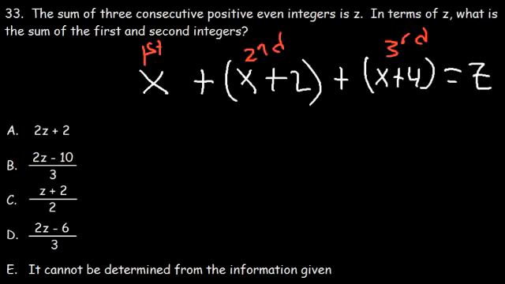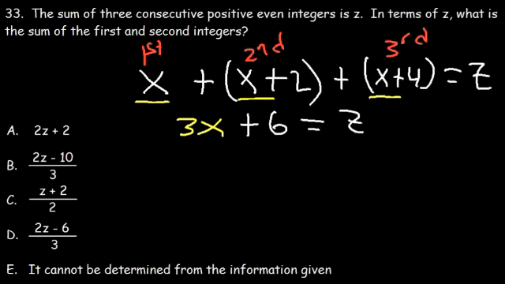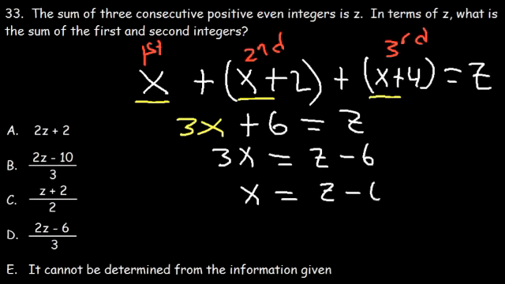So what we're going to do is we're going to solve for x in terms of z first. So x plus x plus x is 3x, and 2 plus 4 is 6. So 3x plus 6 is equal to z. And if we subtract both sides by 6, 3x is equal to z minus 6. And if we divide everything by 3, x is equal to z minus 6 over 3.